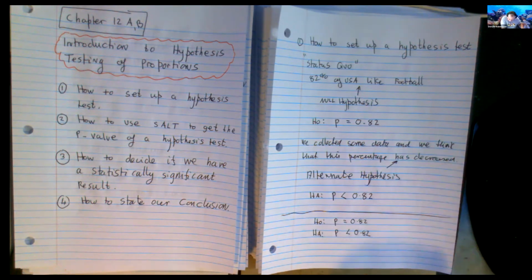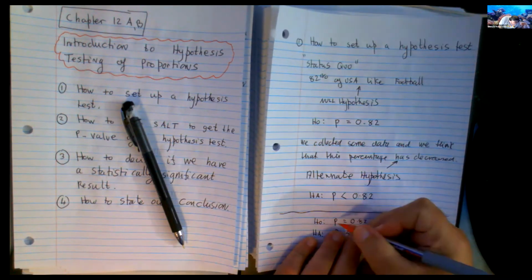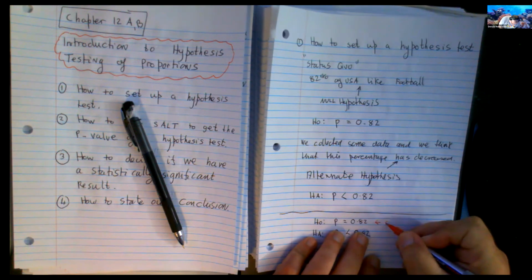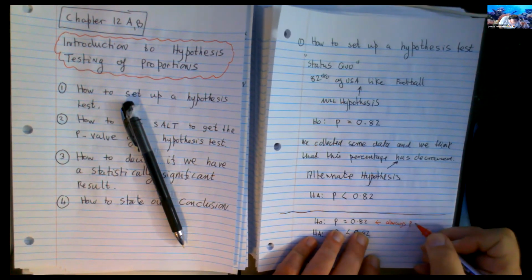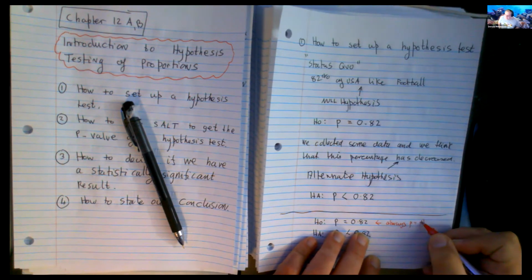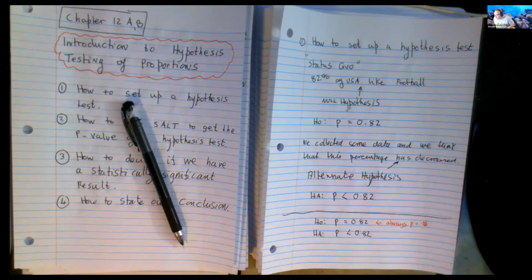A couple of things that are kind of truisms. This guy, the null hypothesis, is always P equals some number. It's always P equals 0.5, 0.82, 0.40, right?